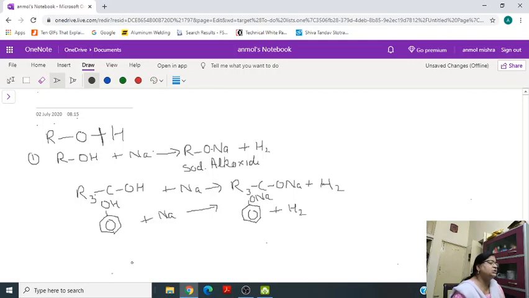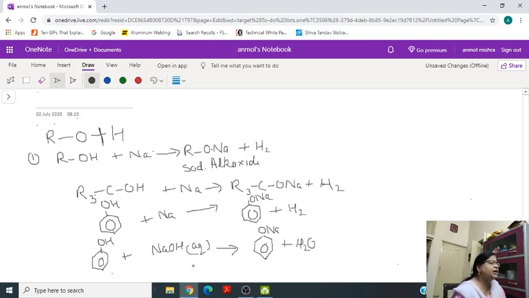In addition to this, phenol also reacts with aqueous NaOH. It forms again sodium phenoxide and water molecule.